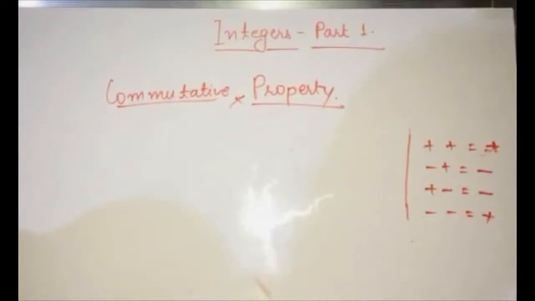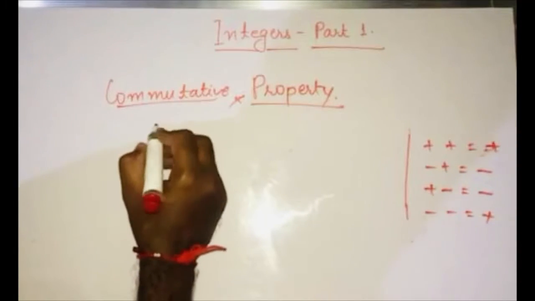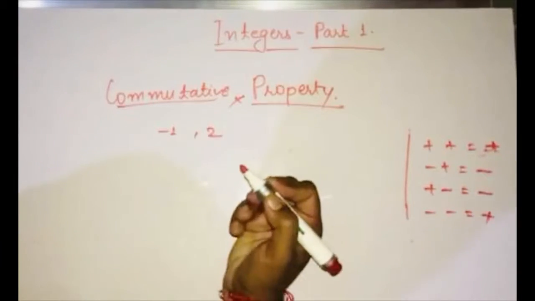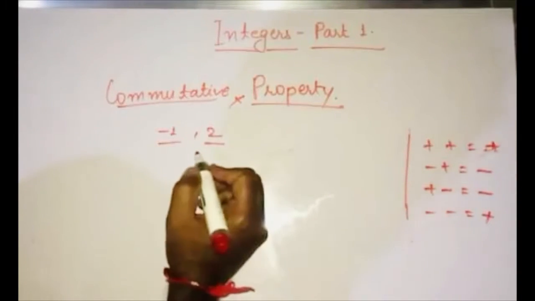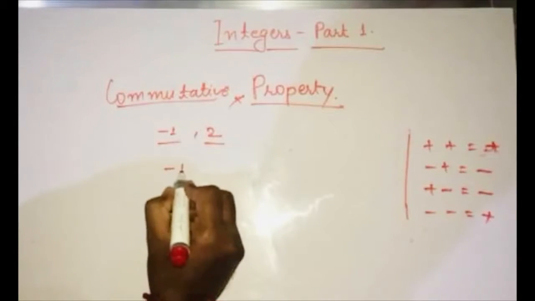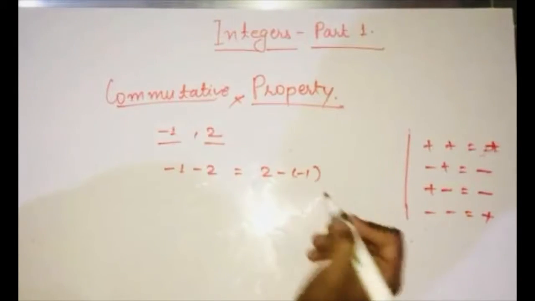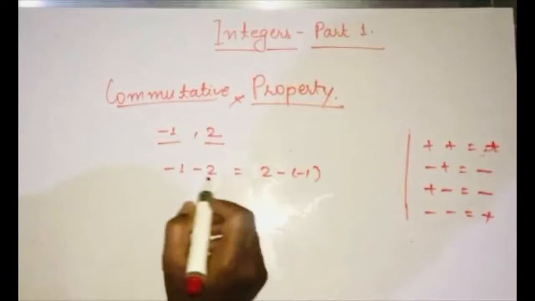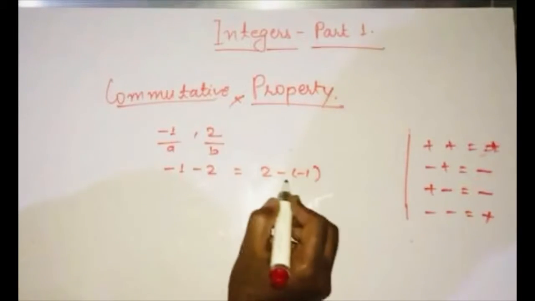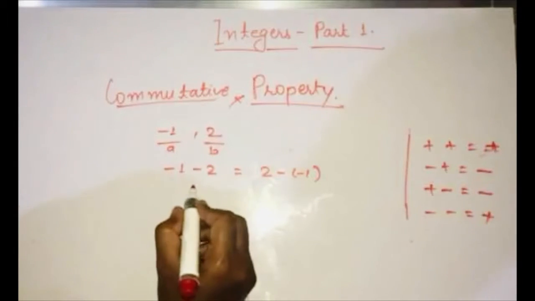So for example, I'll take the same example. Earlier we saw addition, now for subtraction, what happens? I'll take the same example, -1 and 2. You have to see if these two integers are commutative under subtraction or not. So -1 minus 2 equals 2 minus -1. I'm just subtracting these two integers. Suppose this one is a and this one is b. So a minus b equals b minus a. Minus minus, this means I'll perform the addition.